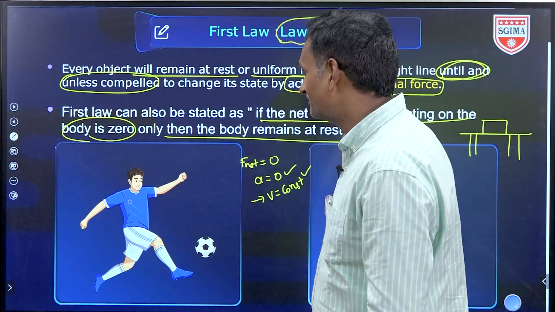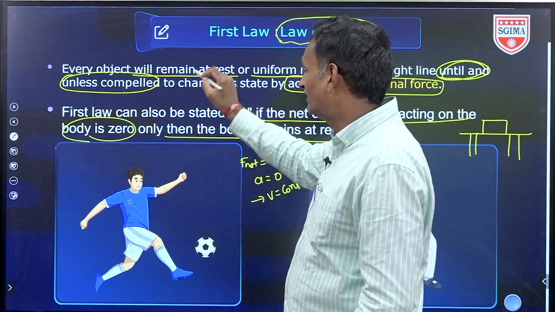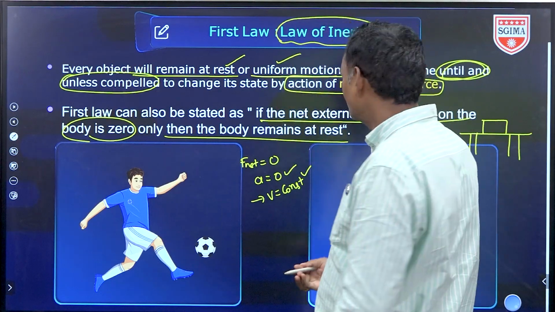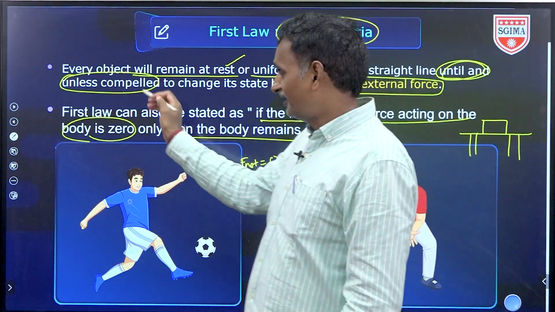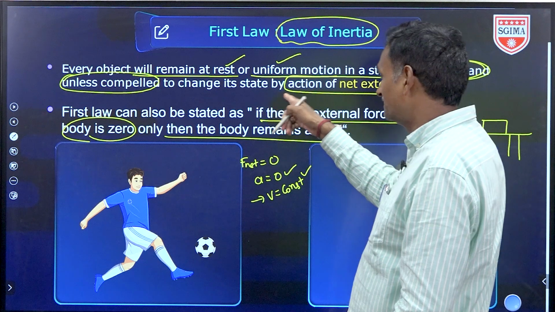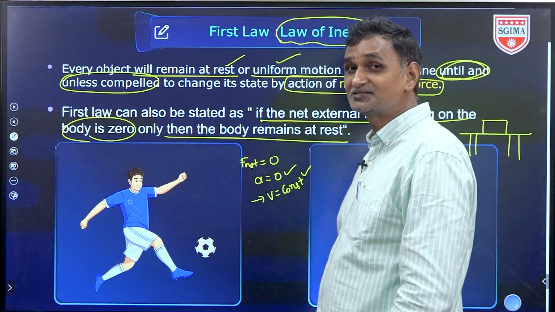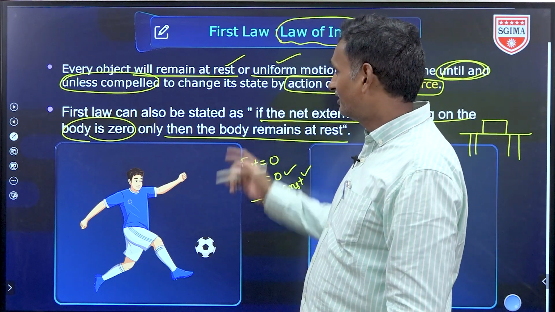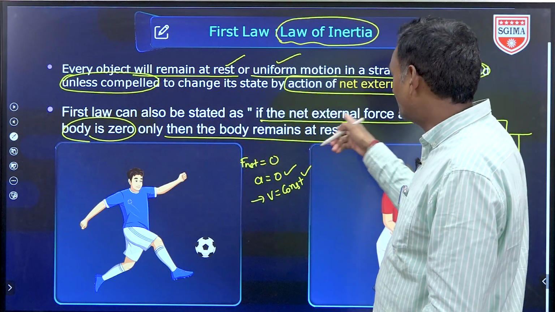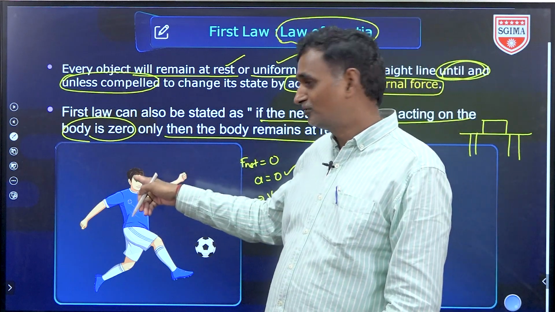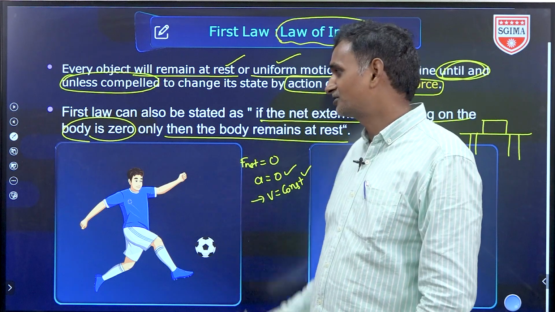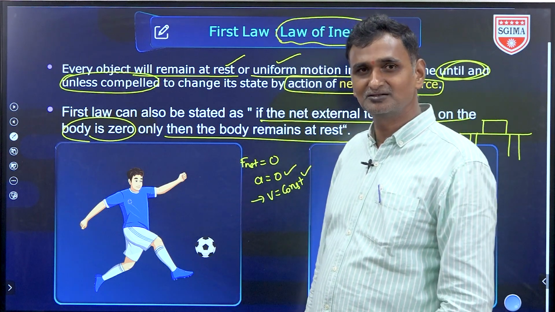Once again, everybody: every object will remain at rest or moving with uniform velocity in a straight line until and unless compelled to change its state by the action of a net external force. And it can be studied in other terms. The first law can also be stated as, if the net external force acting on the body is 0, then the body remains at rest. Means there is no external force acting on the body, then the body stays at rest only.